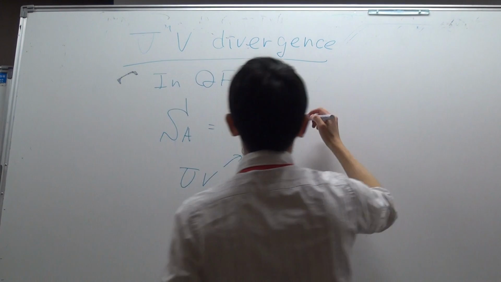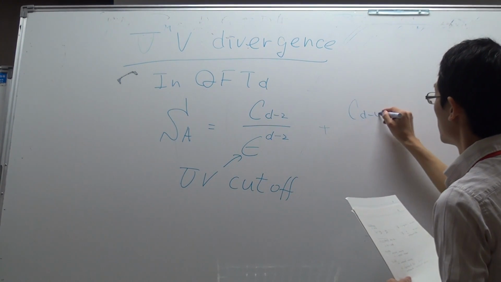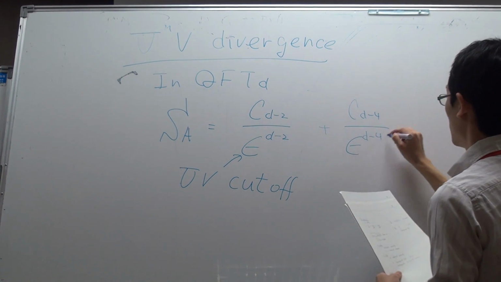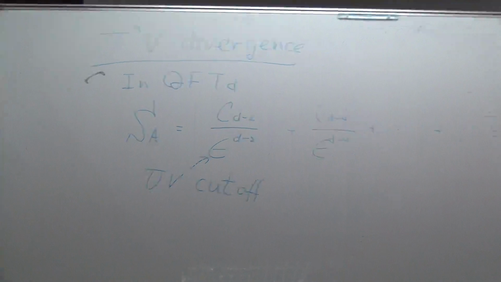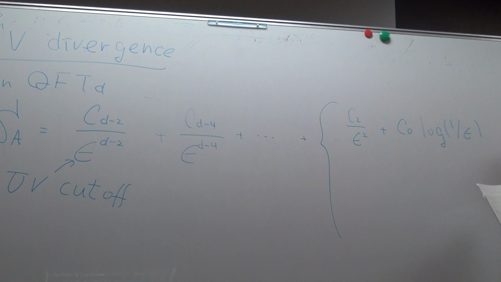And you have subleading divergences, 1 over epsilon to the d minus 4 and so on. And depending on the dimensionality, you have log divergence, C naught, for even d.